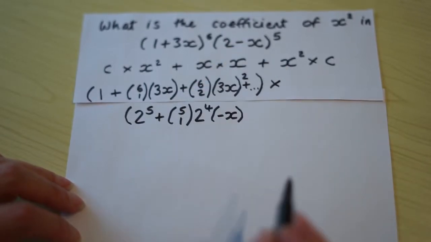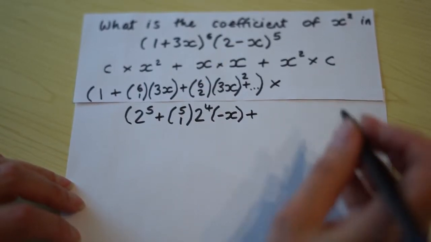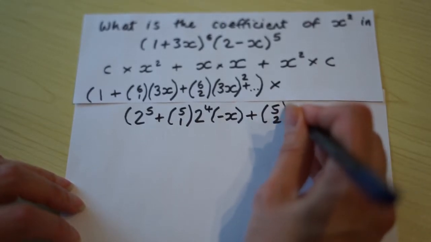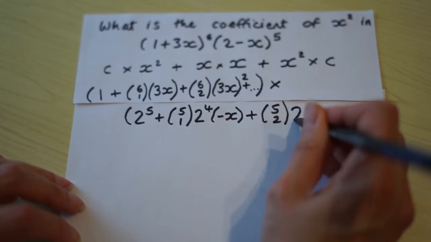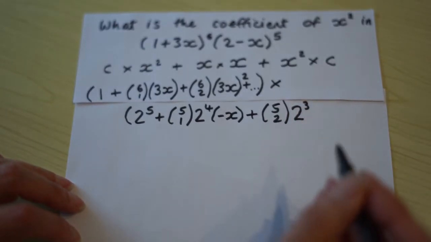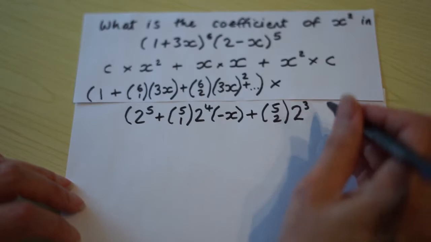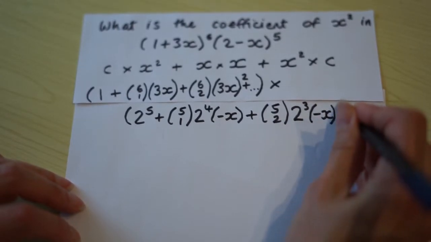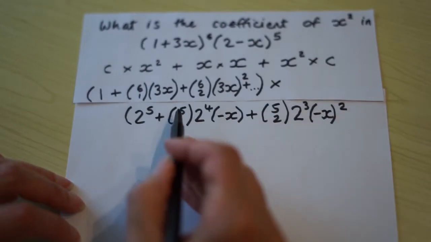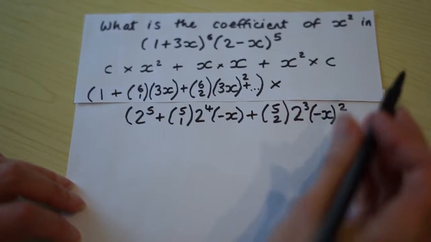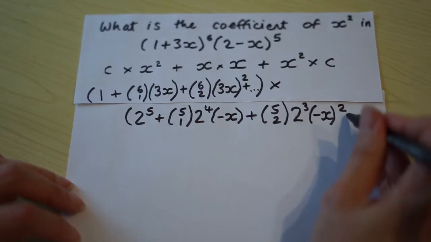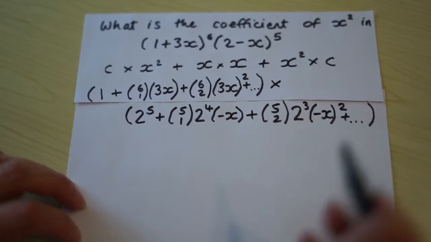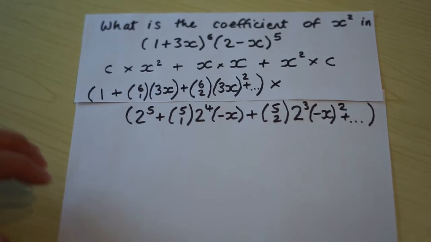Don't forget the minus. Next term is 5 choose 2. We've got the a term to the power 3. All the time the powers are going down. Multiplied by the b term to the power 2. All the time the b term is going up in power. That's the end of that. We know that that continues, but we're not going to carry on. We've decided that that would be wasted work.